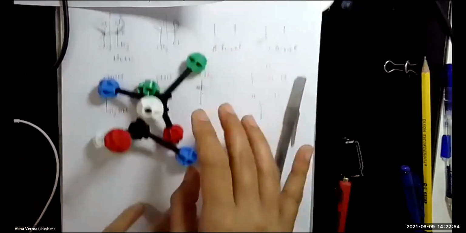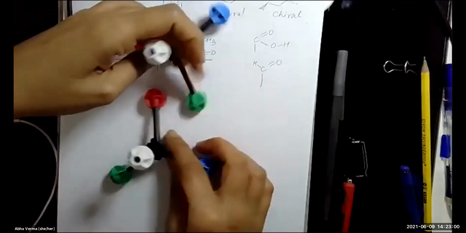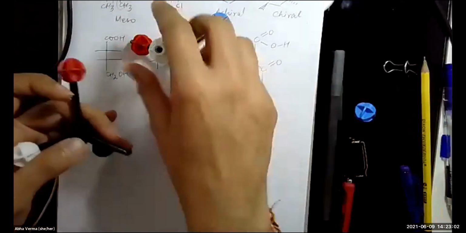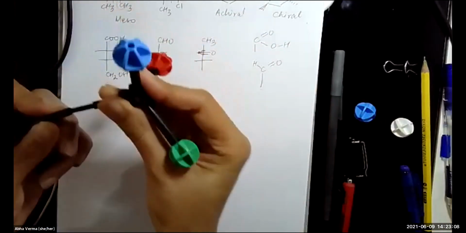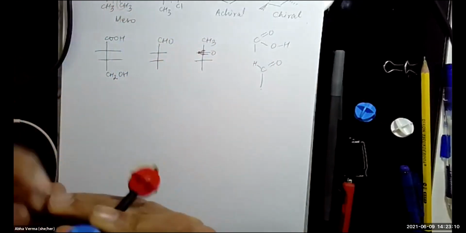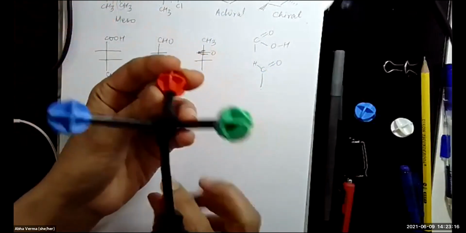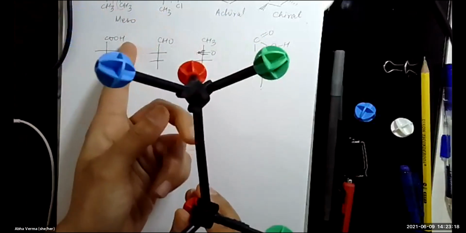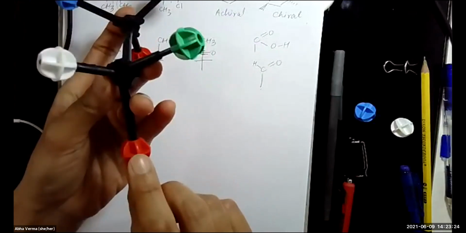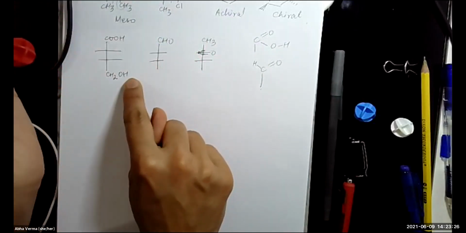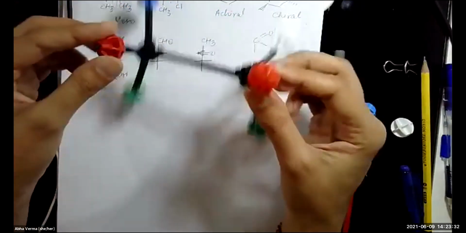So if you look at models, how do we see our Fischer projection? Just imagine the red group is my carboxylic acid, and this red group is my other CH2OH. And I'm placing these two. This is a tetrahedral molecule.